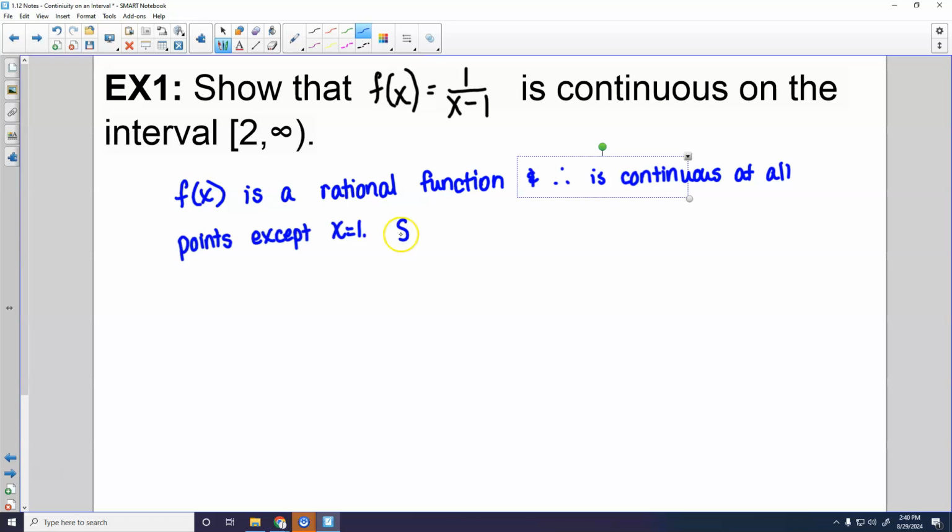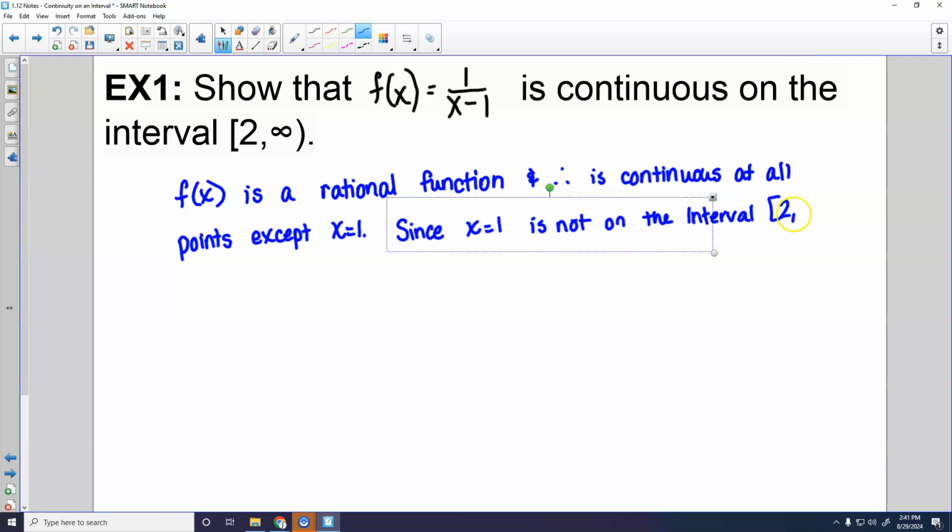And so, since x equals 1 is not on the interval from 2 to infinity, f of x is continuous on that interval.